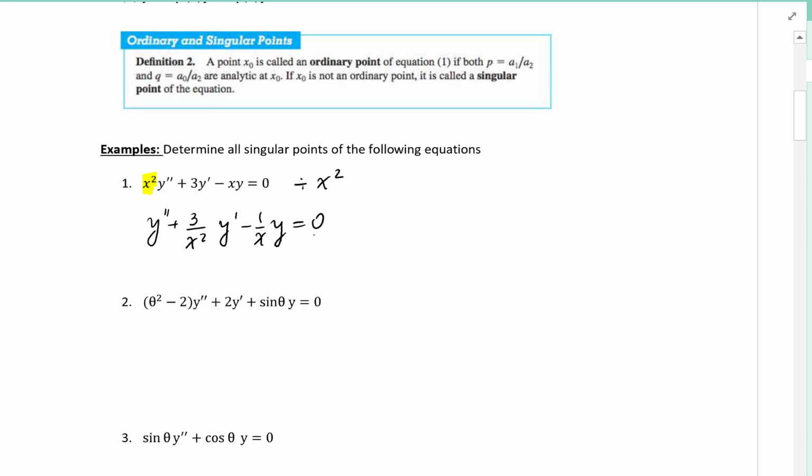So basically, if we take a look at the functions that we get here, 3 over x squared and negative 1 over x, they are defined everywhere except when x equals 0. So what does that mean? It means that x equals 0 is a singular point.